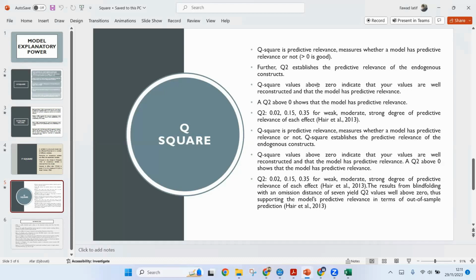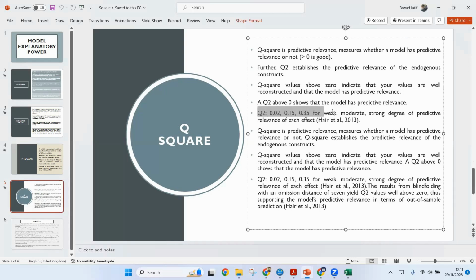Remember, Q square values above 0 will show that the model has predictive relevance. Now, how good are they? Again, we can use the same scale that we have used earlier: 0.02, 0.15, and 0.35. They show us a weak, moderate, or strong degree of predictive relevance.